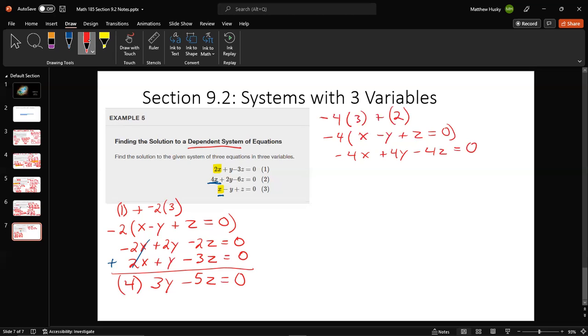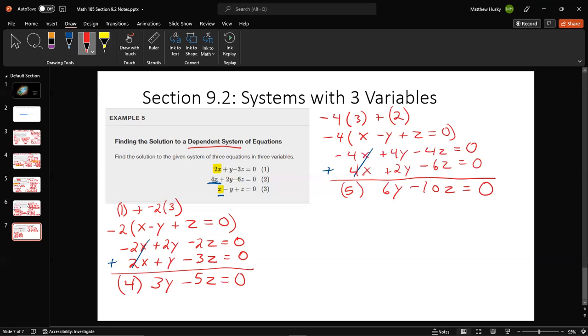And then we're going to add the middle equation, which is 4x plus 2y minus 6z equals 0. I'm going to add these. Those are going to cancel out. 4y plus 2y is 6y. -4 minus 6 is -10z. And 0 plus 0 is 0. And we will call this equation number 5.